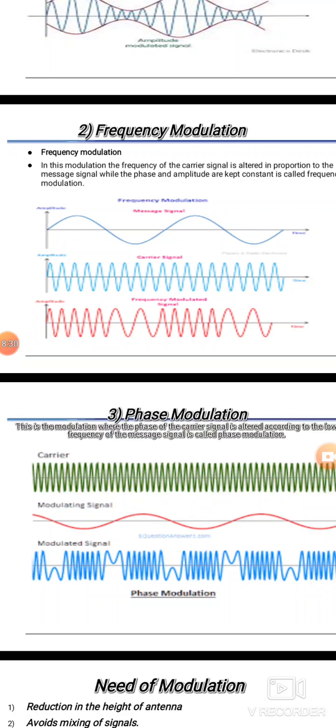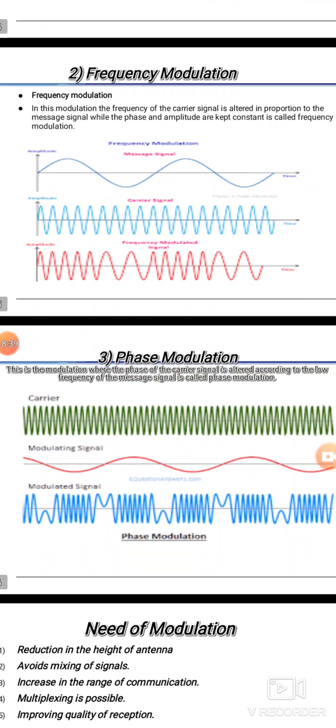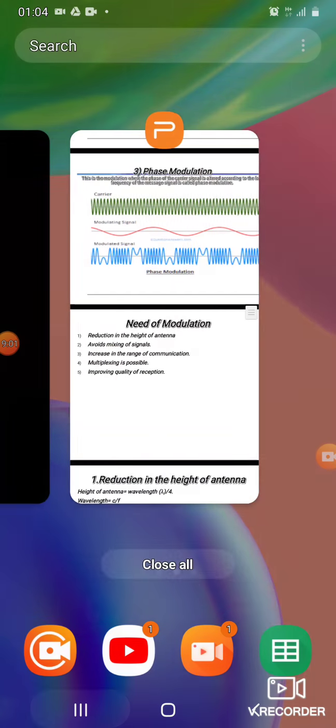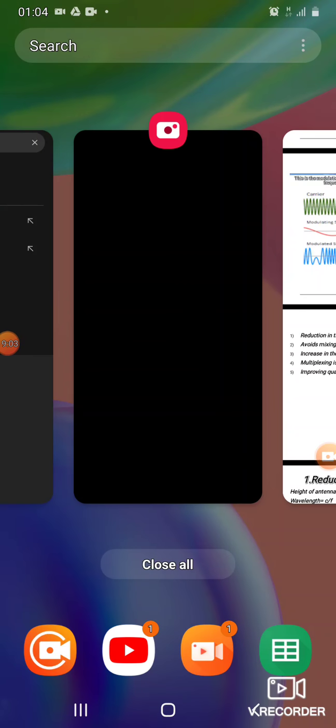Now the next type of modulation, that is the phase modulation. So in phase modulation what happens? In phase modulation, phase of the carrier is changing.